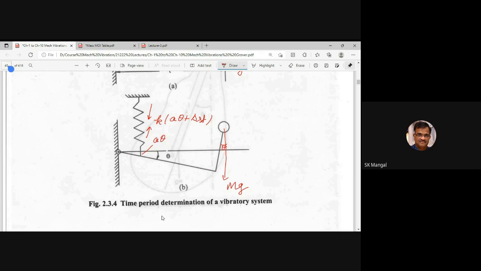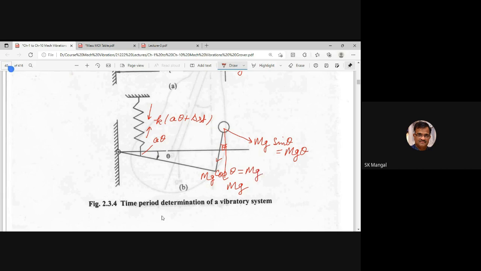So you have two components of the forces. This is your mg sine theta, and this is your mg cos theta. For a small value of theta, it will become mg theta, and it will become mg.